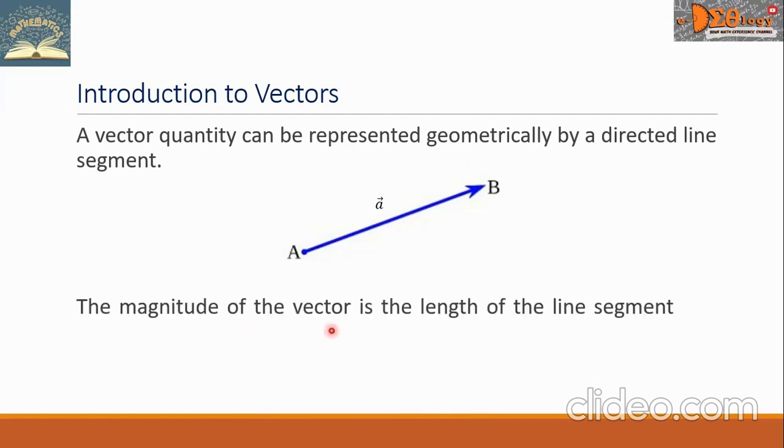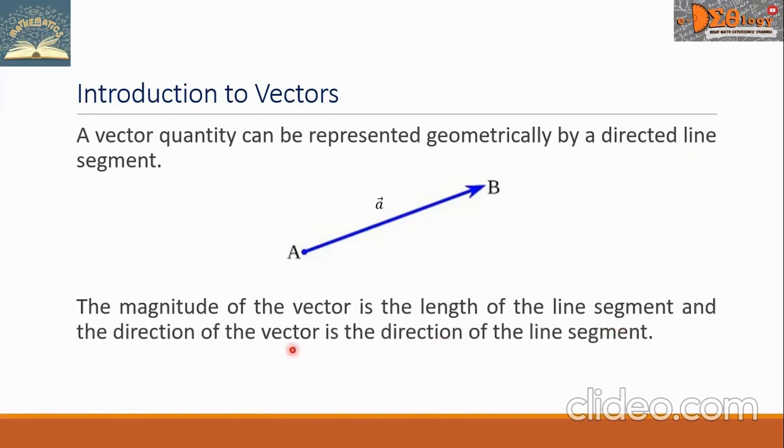The magnitude of the vector is the length of the line segment, and the direction of the vector is the direction of the line segment.